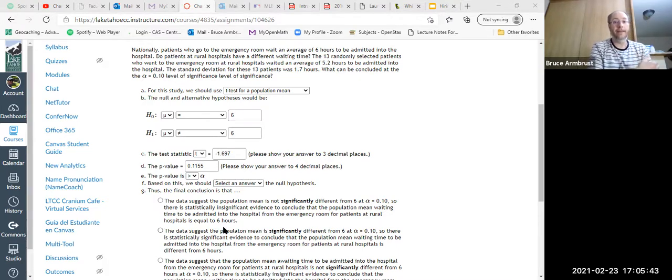It's definitely not less than the alpha. We wanted a 10% level of significance, a 0.10 level of significance. This is bigger than that. So that means we're going to fail to reject. If p is less than alpha, reject. If p is bigger than alpha, we fail to reject.